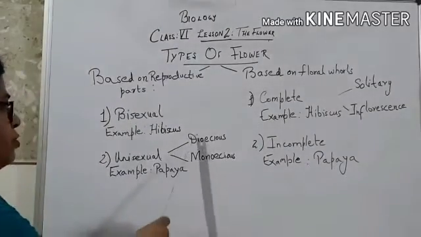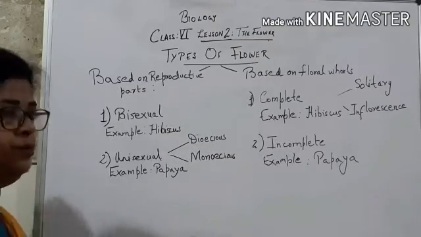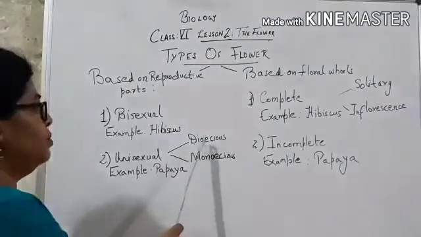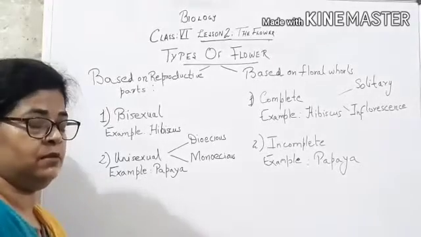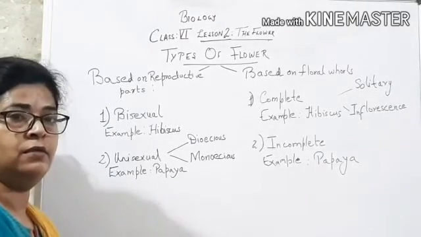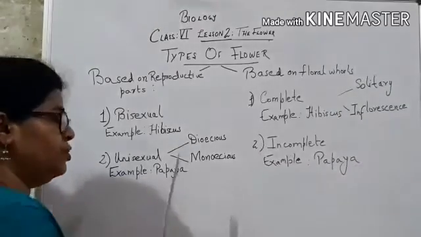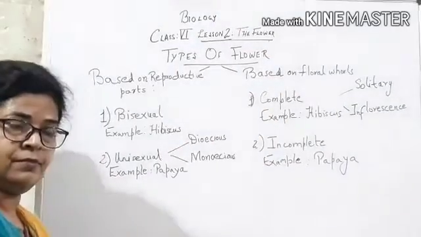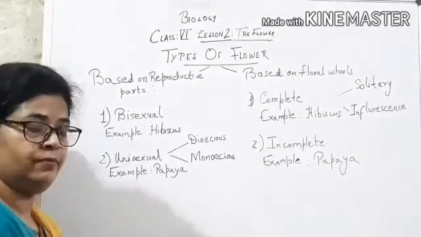Unisexual flowers are of 2 types, dioecious and monoecious. When both male and female flowers are in the same plant, then it is monoecious, as in maize.